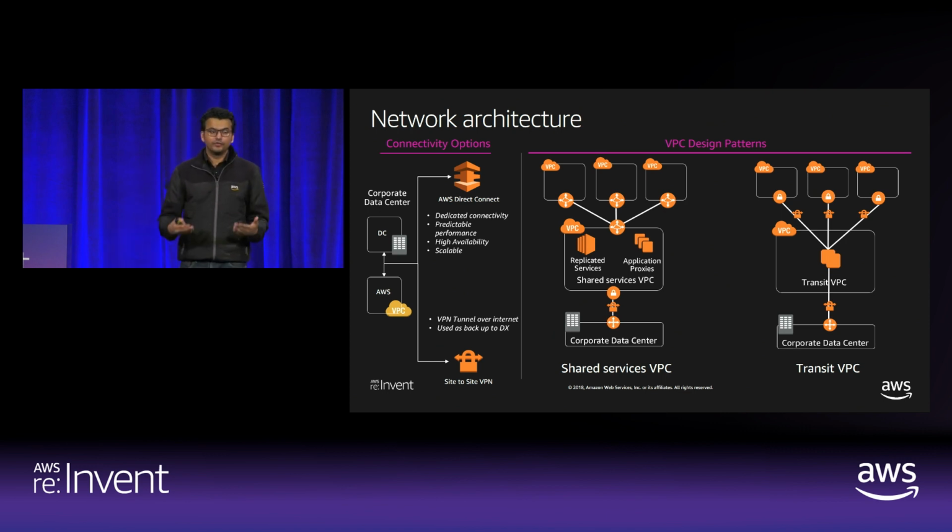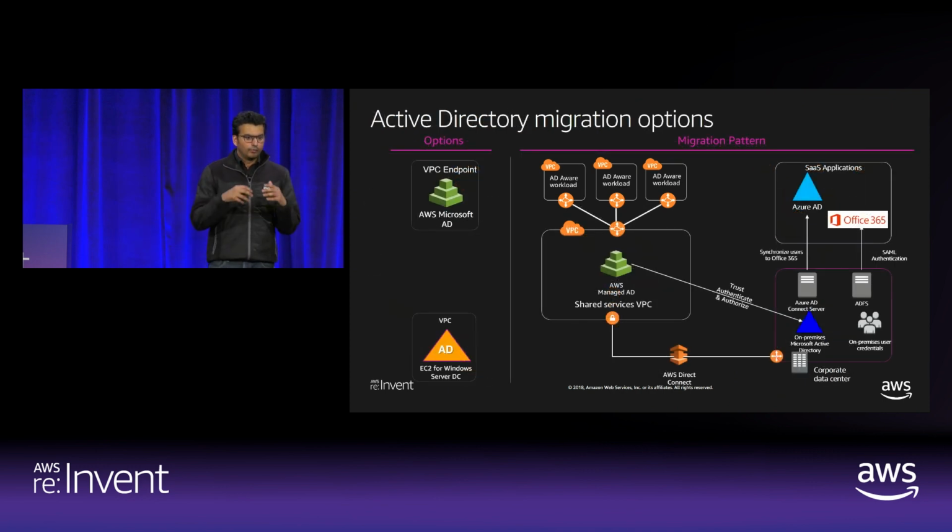But recently, we announced our transit gateway, which helps you build a hub and spoke model where all your VPCs can connect to your on-premise data center with transitive routing. So what we recommend is to centralize your core shared infrastructure and set up a separate VPC for that. Now, extending on the same thing, the next thing that I want to migrate, or set up, is Active Directory.